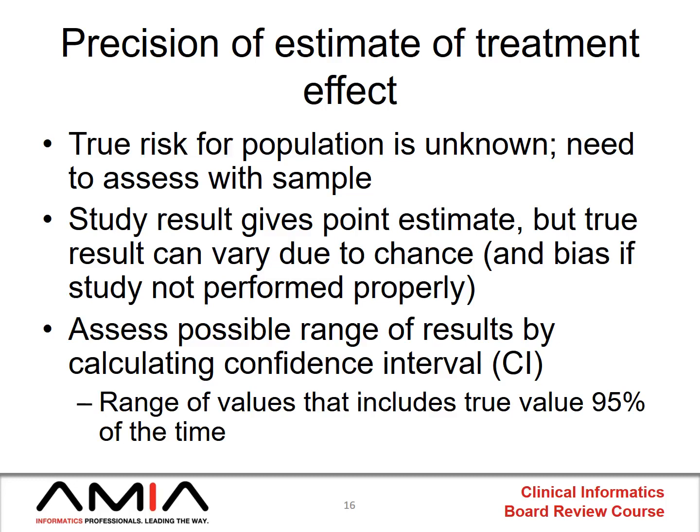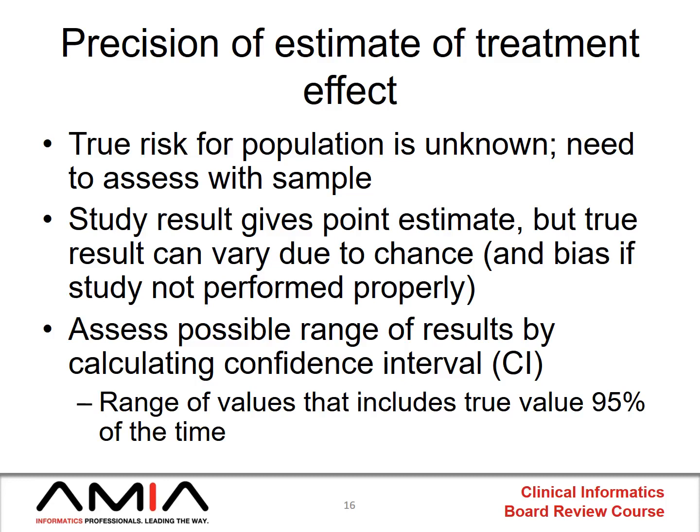When we do an experiment, we draw a sample of people that hopefully represent the population in general, and they take part in the experiment, in this case, the randomized controlled trial. When we do the study, the RCT, we get a point estimate of the risk, but of course that's just an estimate, and the true result can vary due to chance, bias, or other reasons.